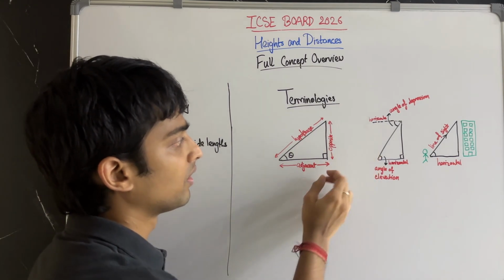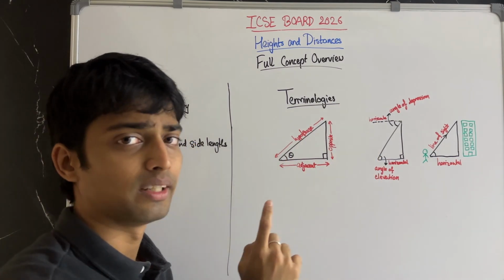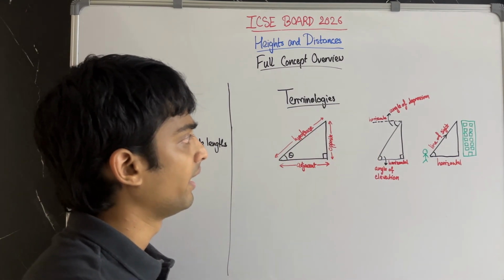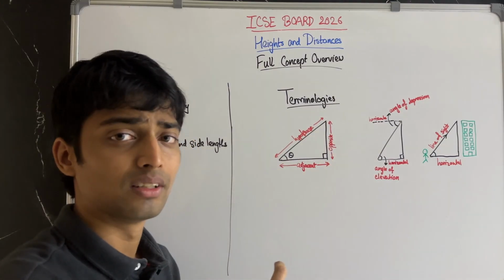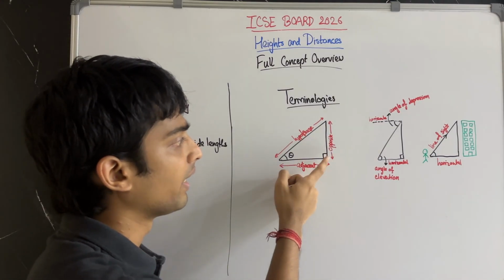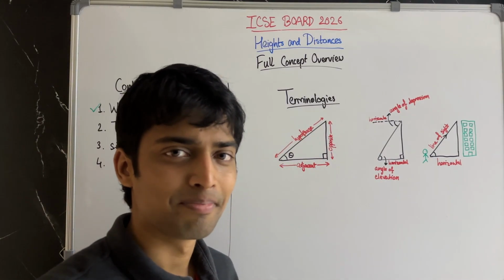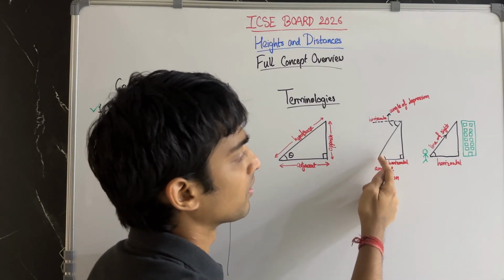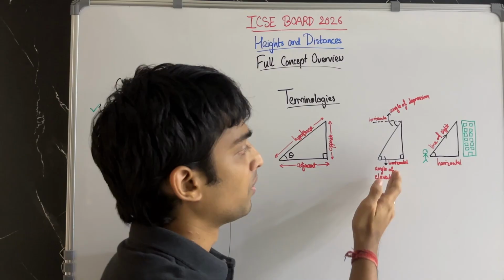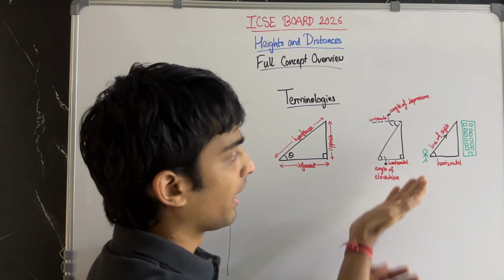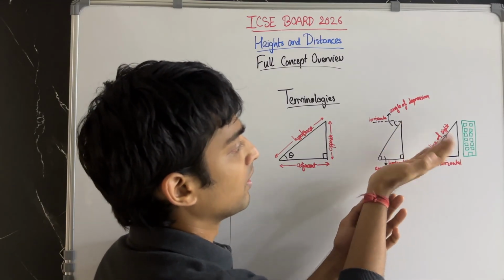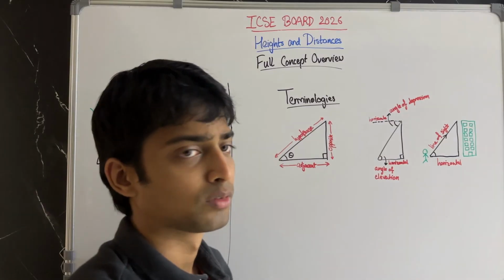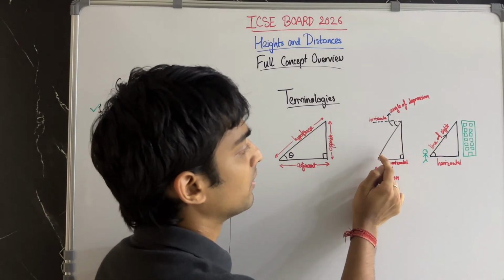So these are the different names of the sides we need to know. Adjacent and opposite will be with respect to the theta, and the hypotenuse side will always be the longest side and it will be opposite to the 90-degree angle. Now angle of elevation means nothing but the amount of angle which is made here. So let's say this is the baseline and this line is elevating this much, so it's rotating this angle amount.